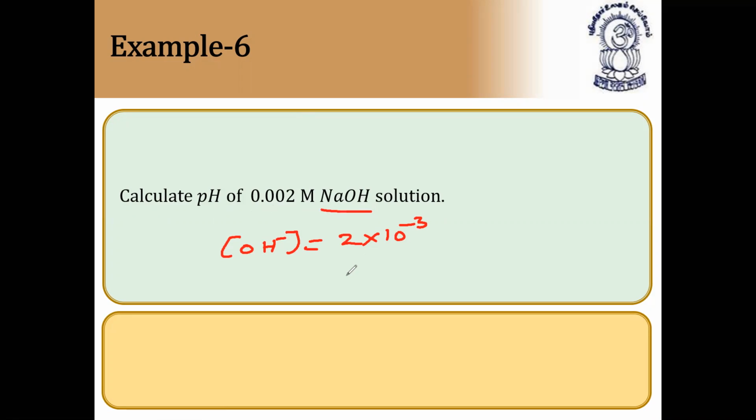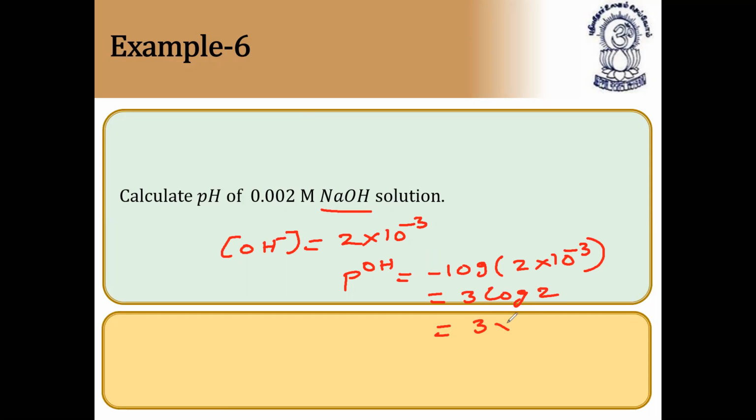Now first we have to calculate pOH. pOH is equal to minus log of 2 into 10 to the power of minus 3. Minus 3 and minus, so it becomes plus 3 log 2. Log 2 value is 0.3010.